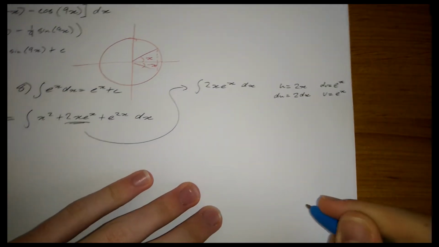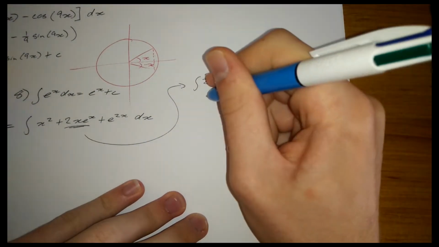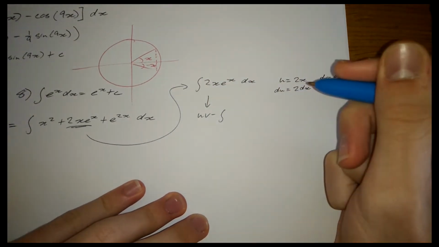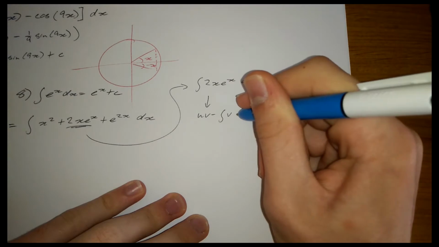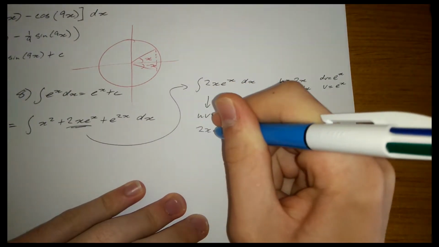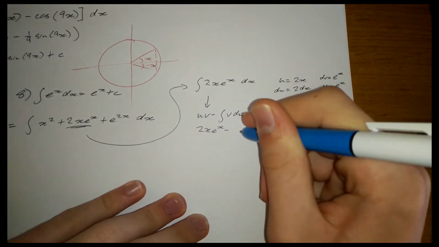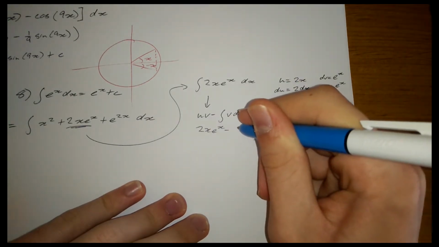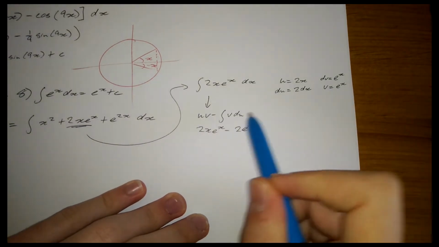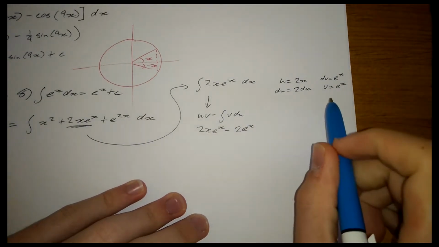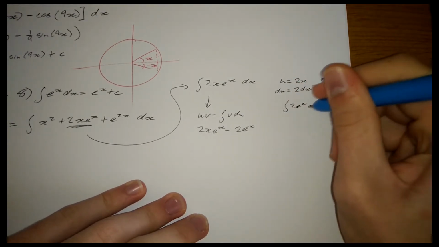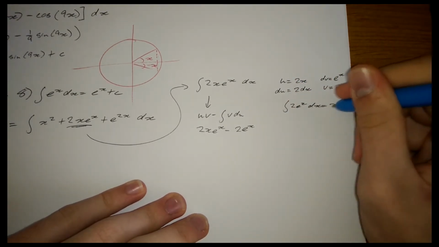We know that this is equal to uv minus the integral of v du, equal to 2x e to the x minus the integral of 2e to the x, which is just 2e to the x.